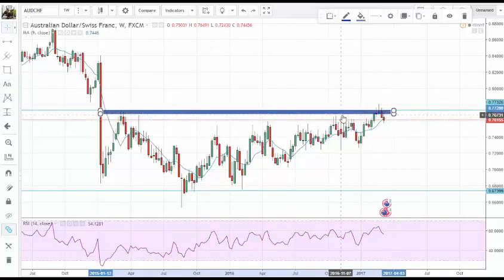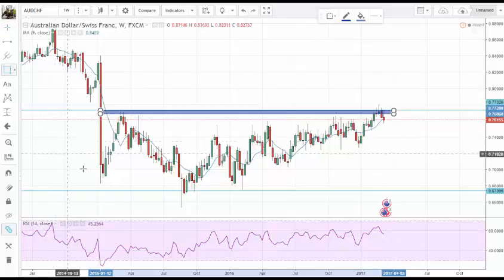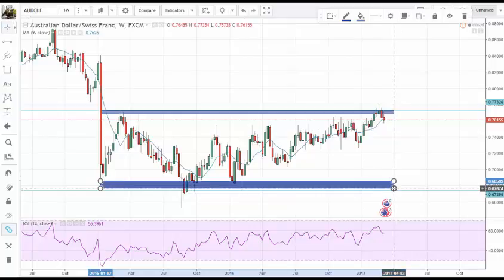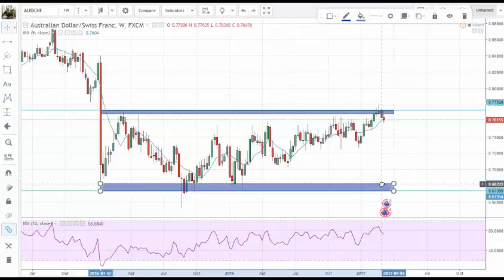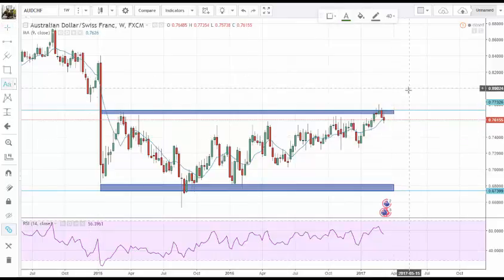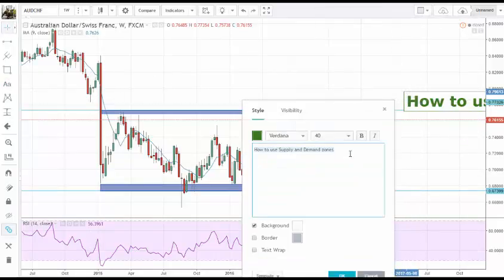in this case a supply zone is, and in this case down here we can see a demand zone. Let me go a little bit lower, something like this. So supply and demand zone, let me point that out for you guys in text. So this is, like I said, the supply zone.